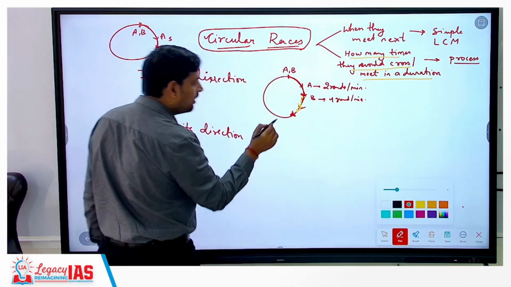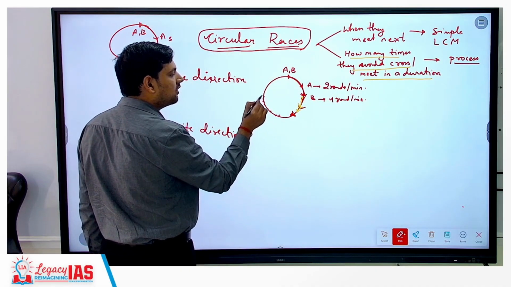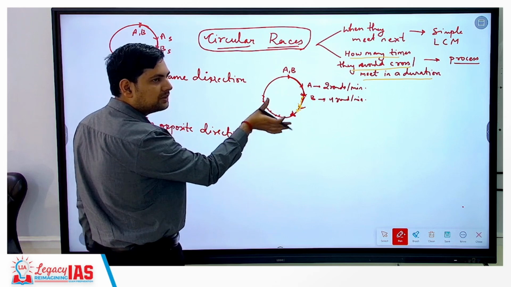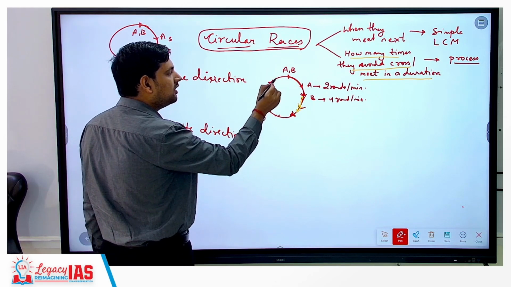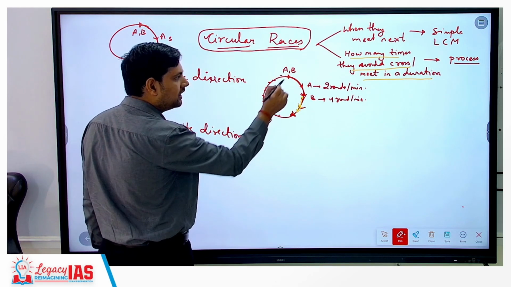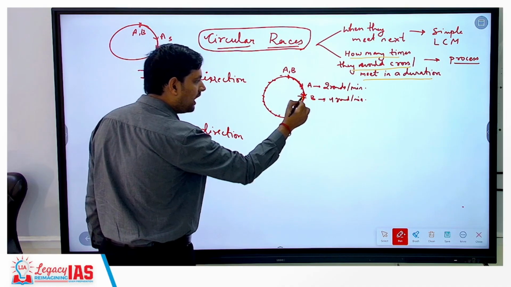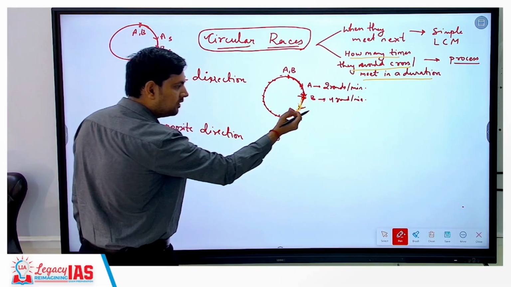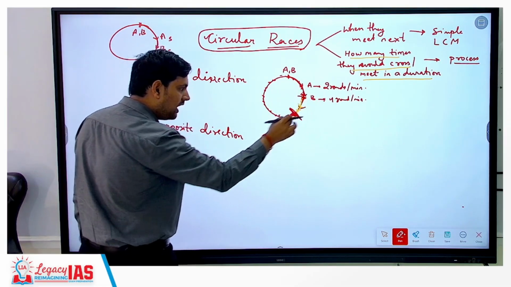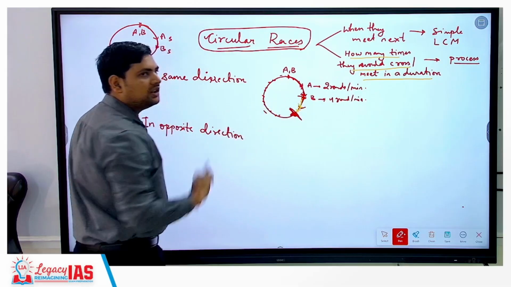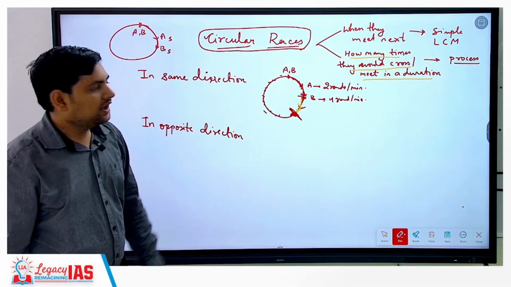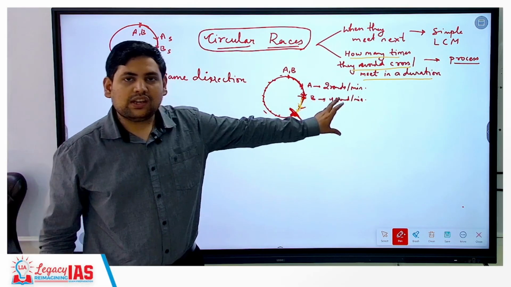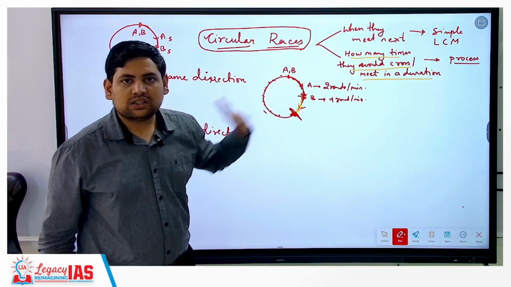B is faster, so B will keep moving with a much larger distance between A and B. Eventually they can meet when A has moved just slightly and B catches one more round and catches A somewhere here. So A has moved only this much, and in that time B has moved this whole circle and then came to meet A. That is when the difference between them covers 1 round.